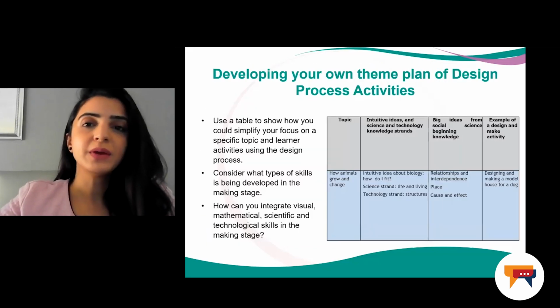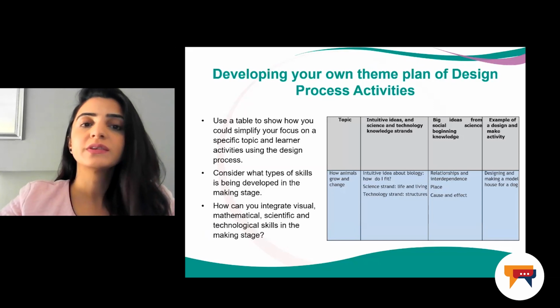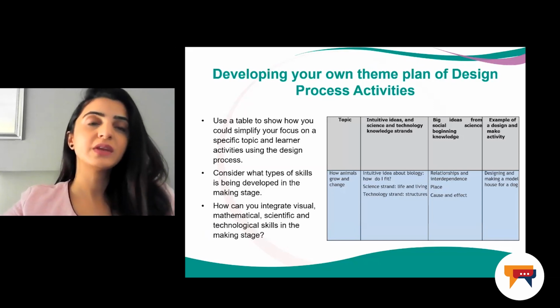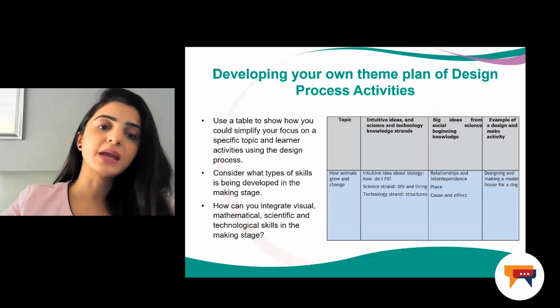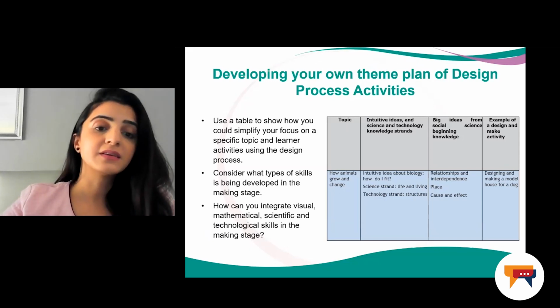Okay, so when you're developing your own team plan of design process activities, remember, this table here basically shows you how you could simplify your focus. I notice so many students find it difficult to work within a team plan. So you consider what type of skills are being developed in the making stage, how you could integrate visual, mathematical, scientific, technological skills in the making stage.